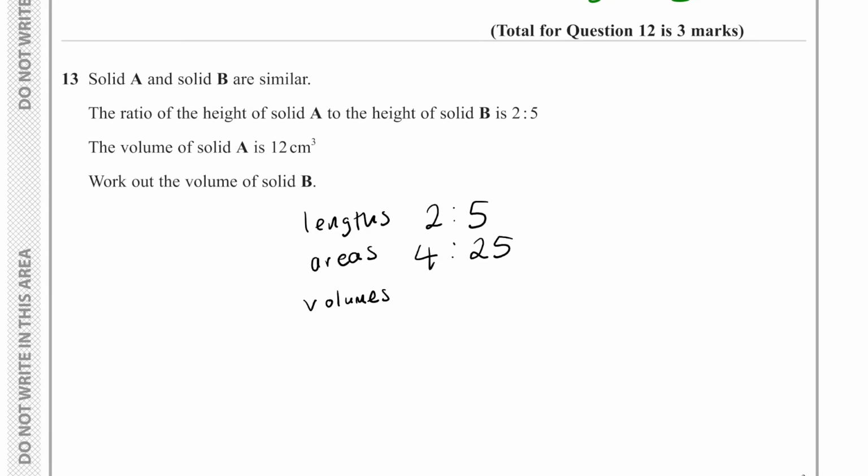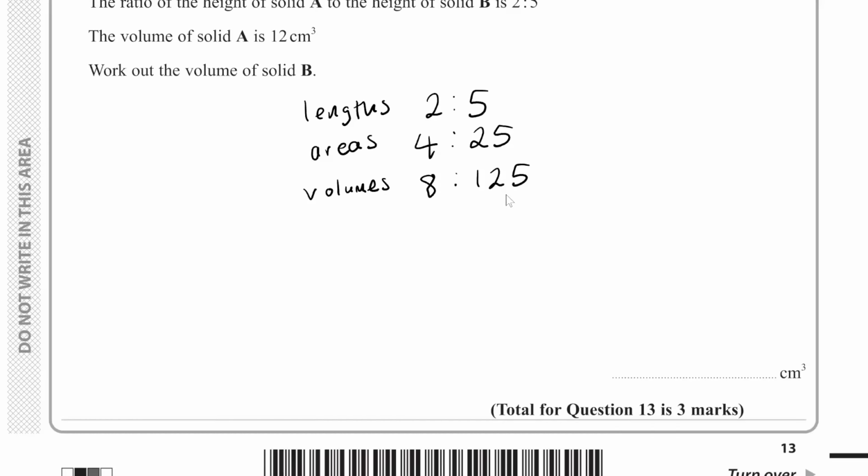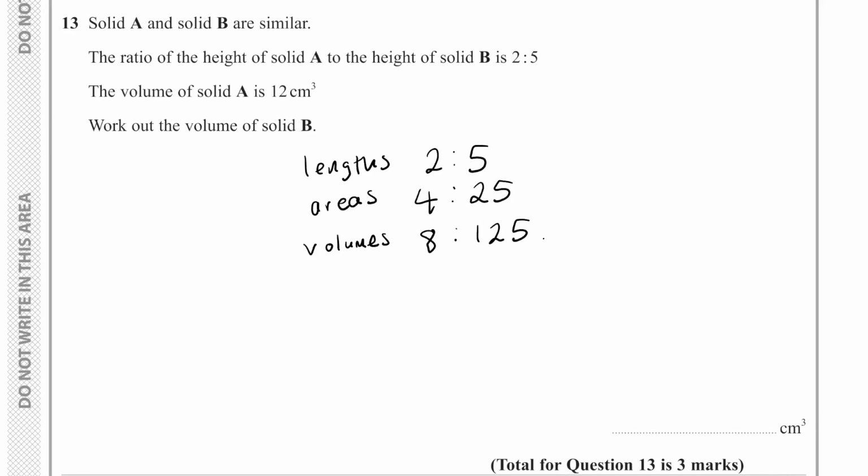So we're cubing the scale factor. 2 cubed is 8. 5 cubed is 125. So the volumes are going to be in the ratio 8 to 125. And we know the volume of A is 12 centimeters cubed. So we have 8 to 125. Let's half them.